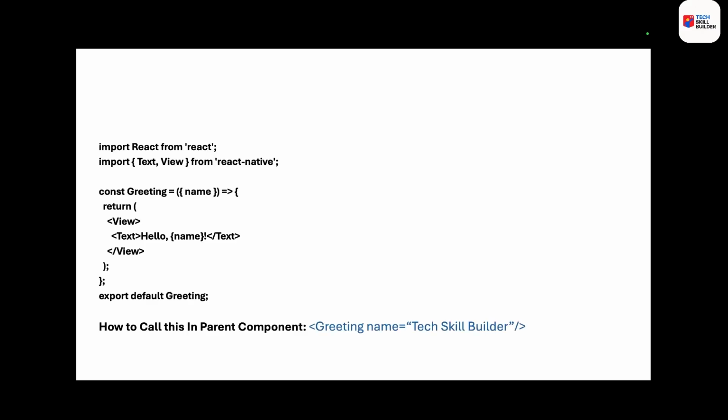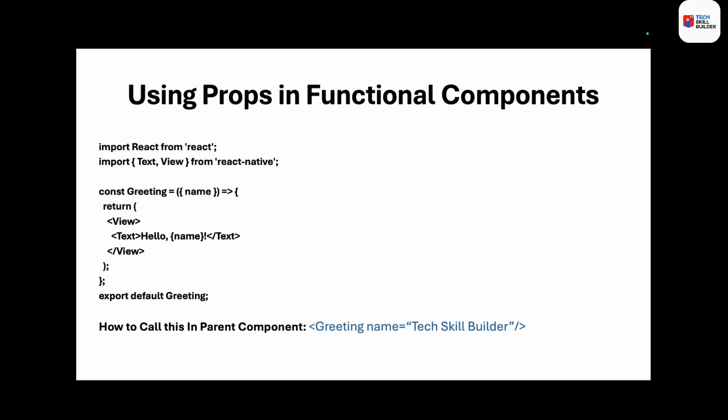This is the example of how you can use props in a function component. We have defined a simple greeting component where we are saying hello and the name. The name is coming from props from the parent. Now how to call it in the parent component?